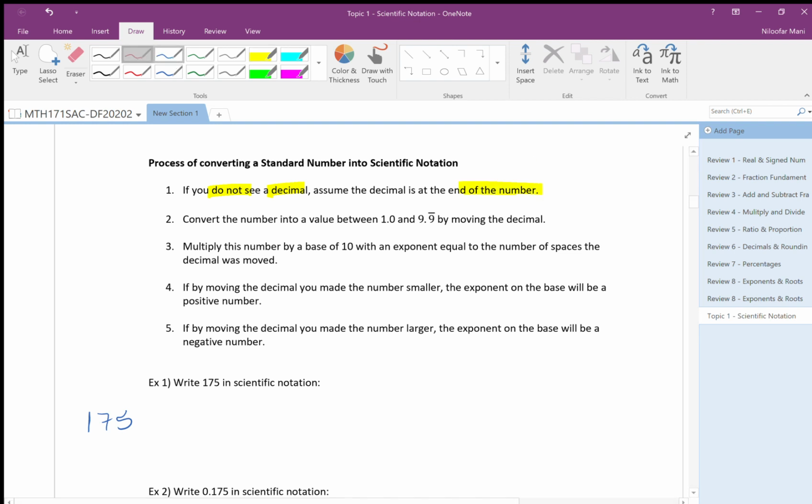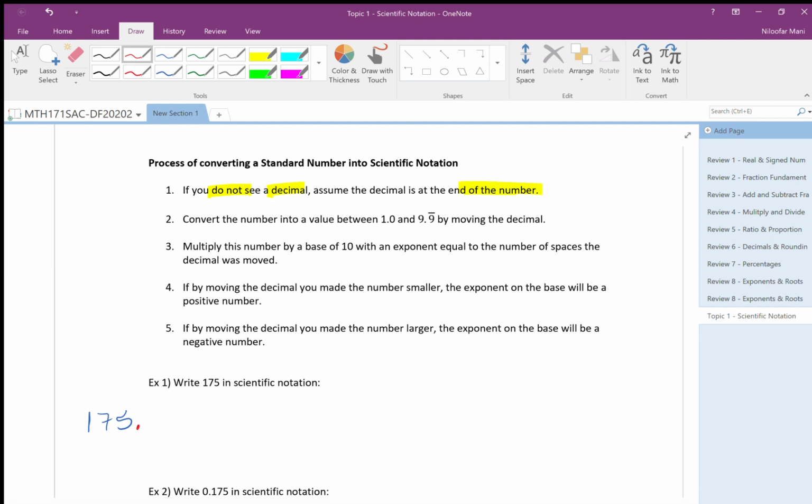So I put a decimal here. But remember, don't put 0 here. Mathematically, it's 175, I know. But scientifically, no. If you put 0 here, you are sure this digit is 0, but in reality, you are not sure. So you don't do it. Just put a dot.